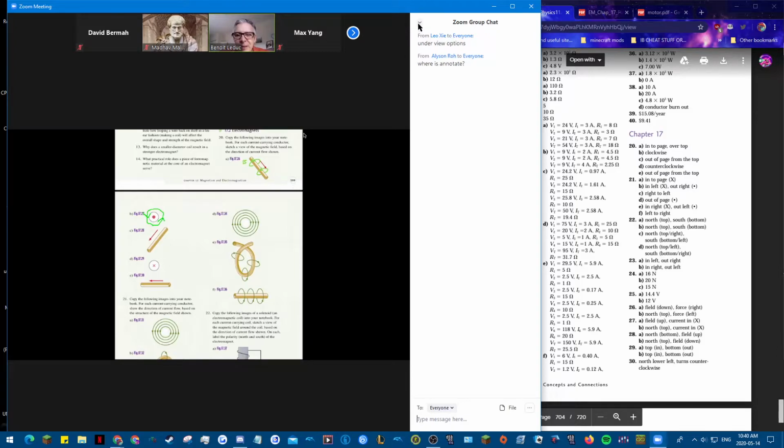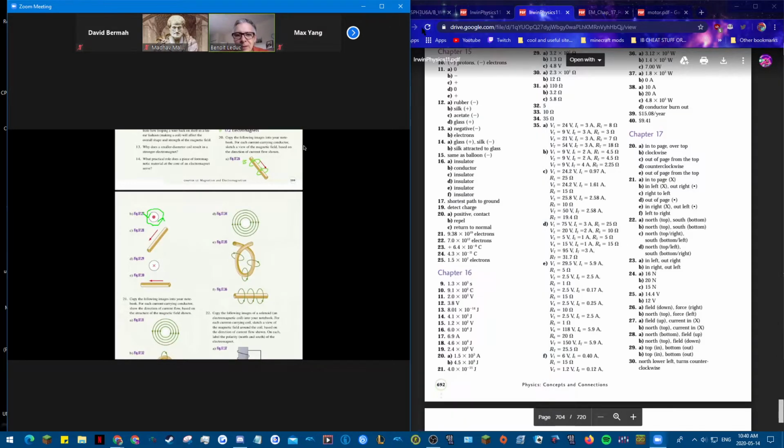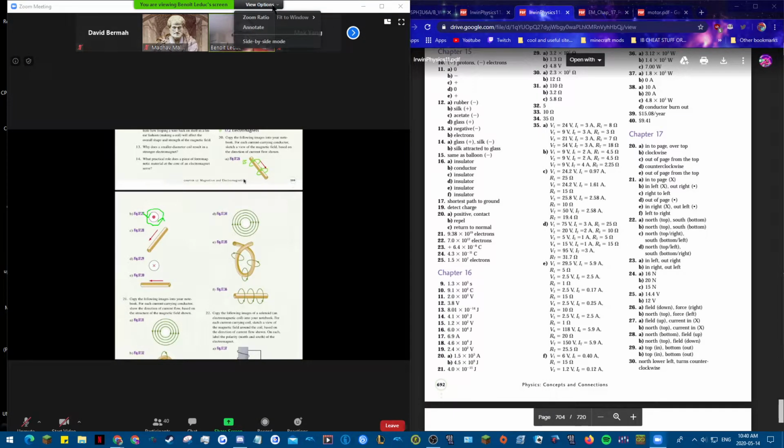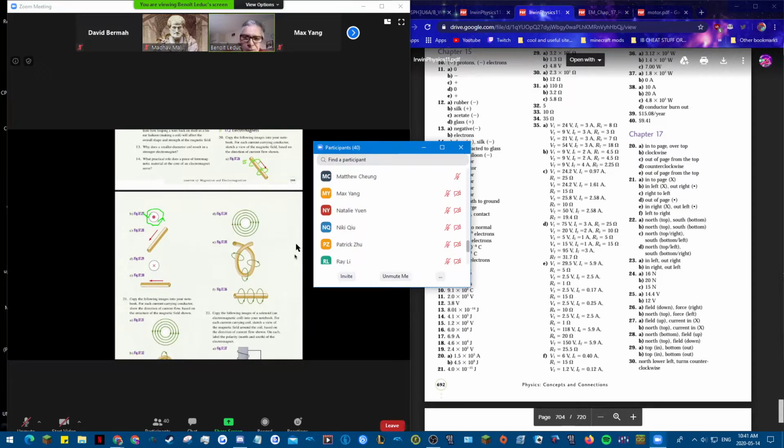Okay. People like to chat, but you can talk. Where's the annotate? It's under view options. Where's the view option, guys? Is it on the bottom of your screen or up top? Up top. Find it, Allison.